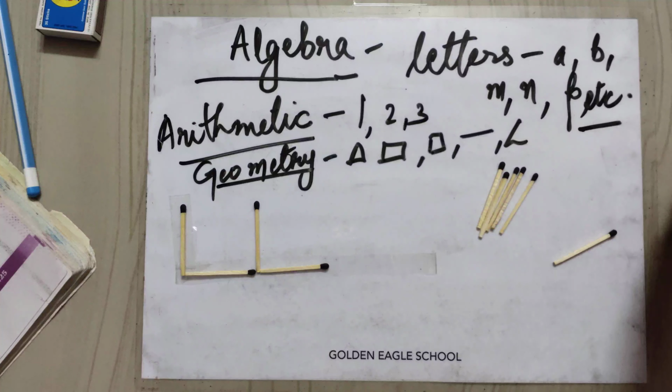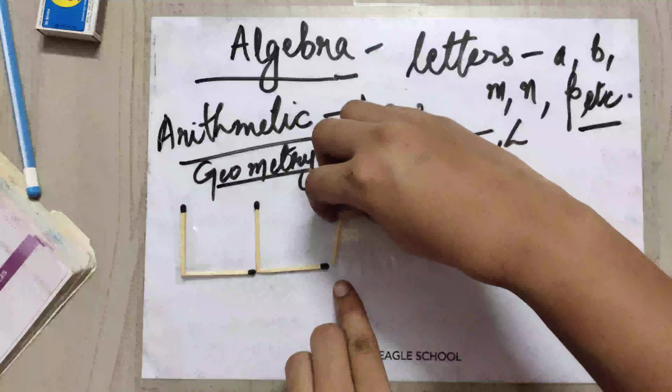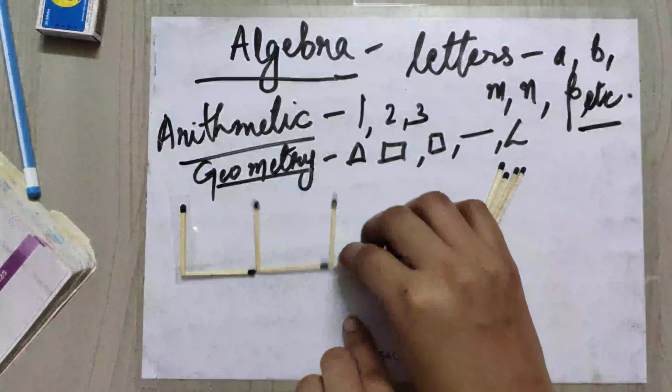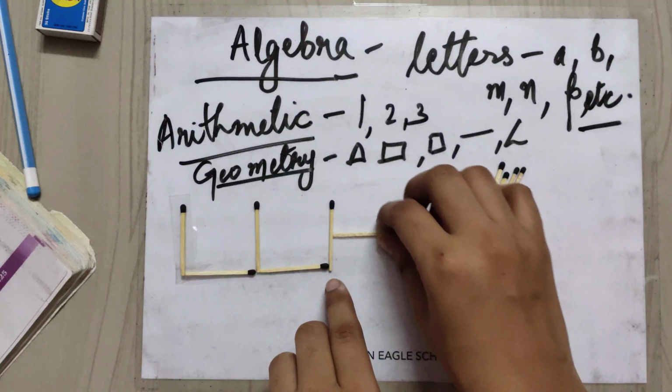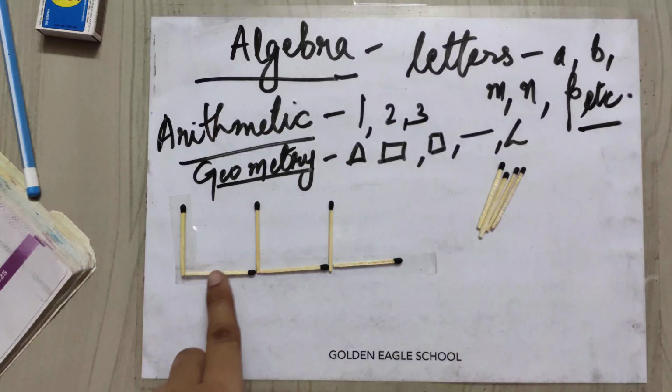Now I take two more matchsticks and form an L again. How many matchsticks are now used here? 2, 4 and 6. Total 6 matchsticks.